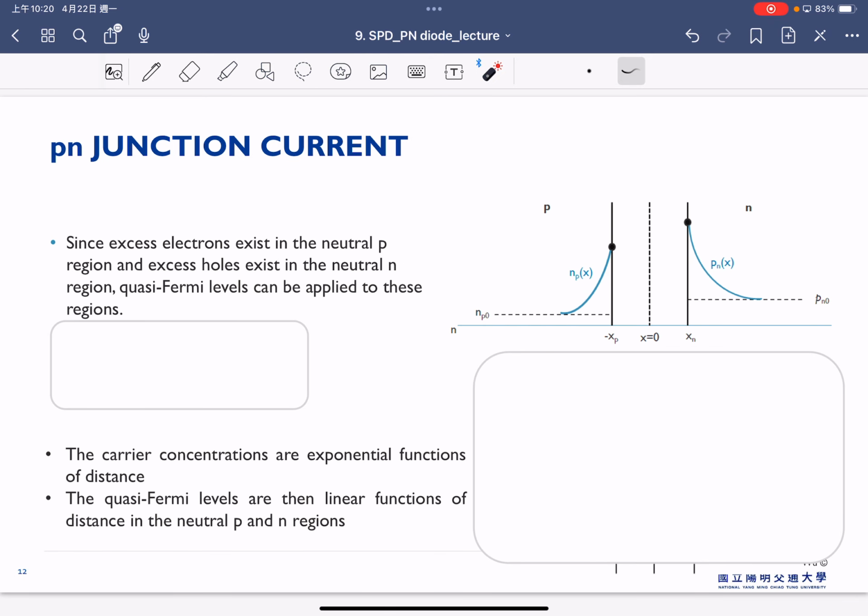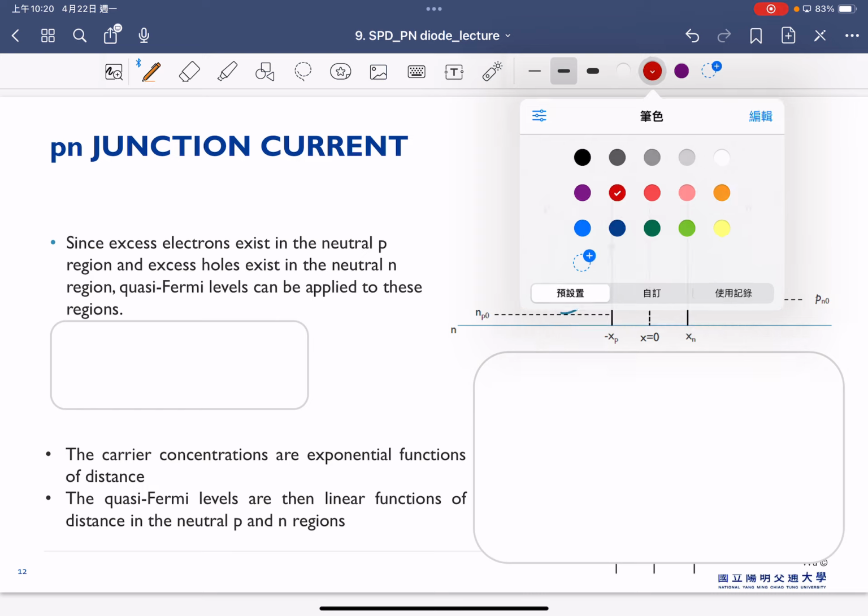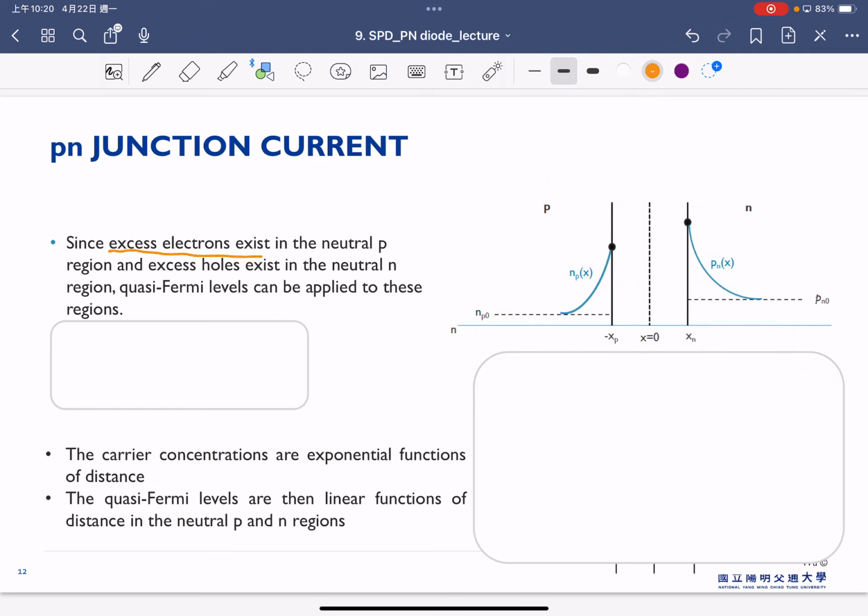This is something I have already drawn before. Since excess electrons exist in the neutral P region here, and excess holes exist in the neutral N region.